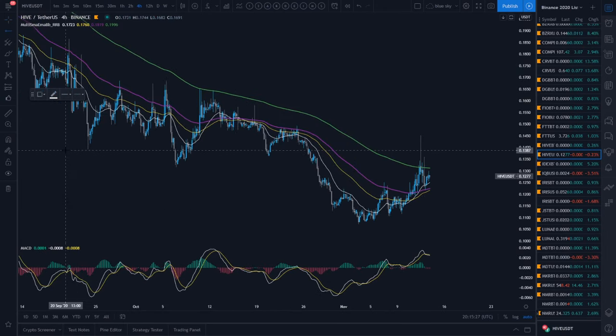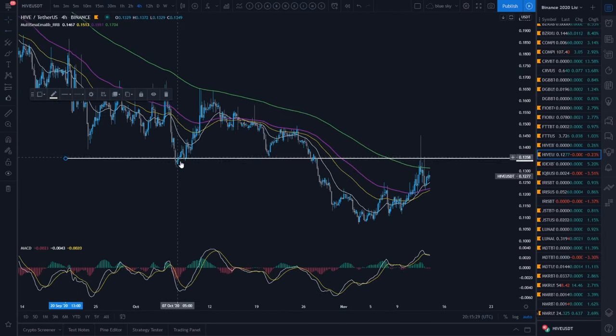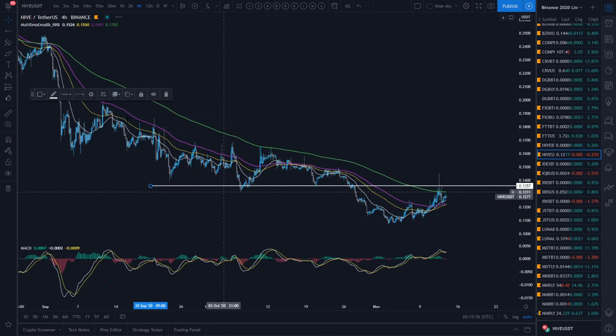So here, this is a level. You have one test here, second test there. And if it's not perfect, guys, because this one here doesn't touch this line, you draw the line where you have the most touches.